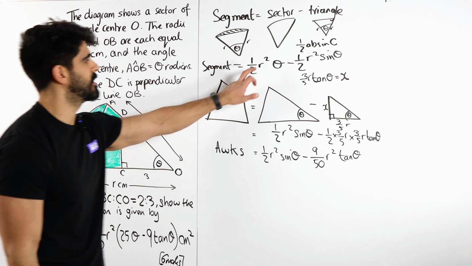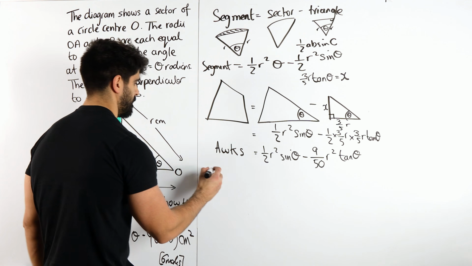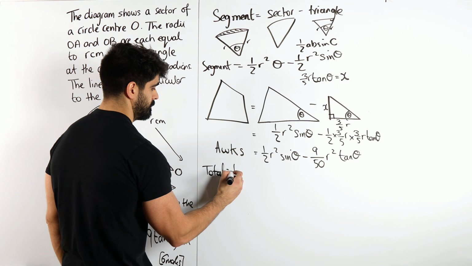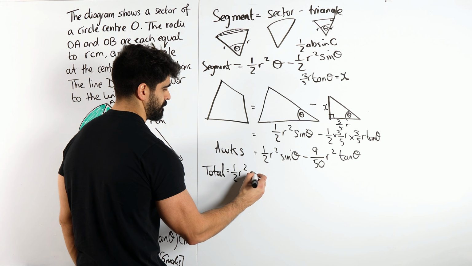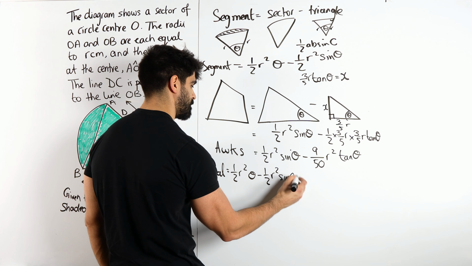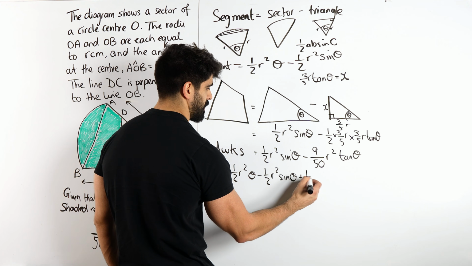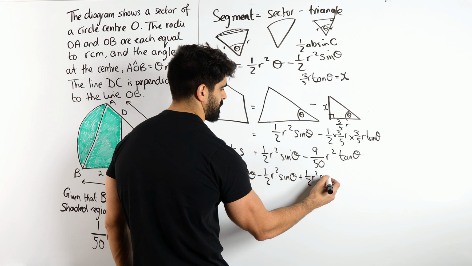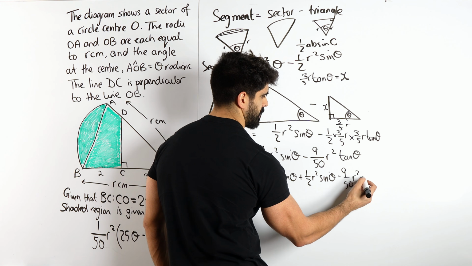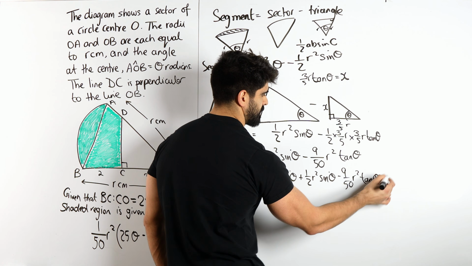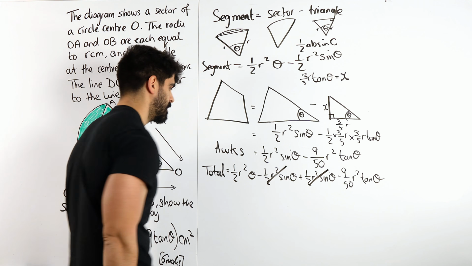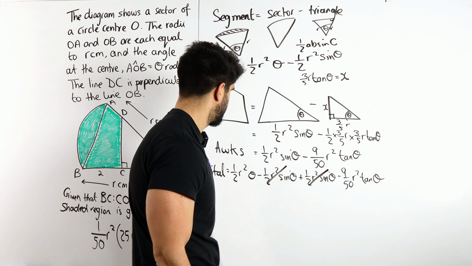And now we're just adding them together, right? So we're just going to do this plus this. So we have our total: half R squared theta minus half R squared sine theta plus half R squared sine theta minus 9 over 50 R squared tan theta. And what's beautiful about this is that these just cancel. We're left with this minus this.